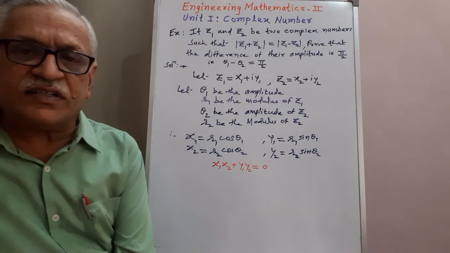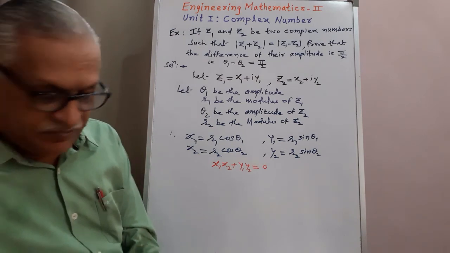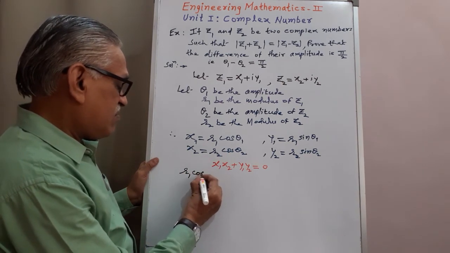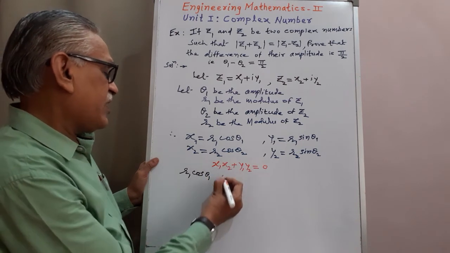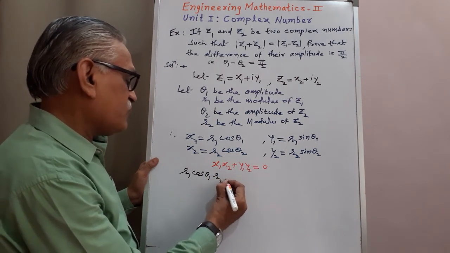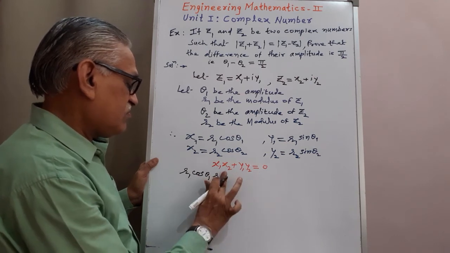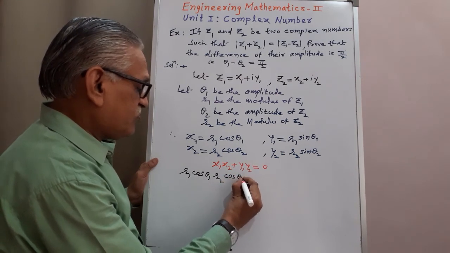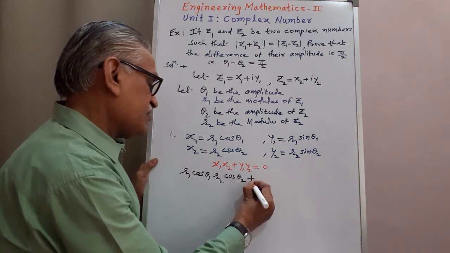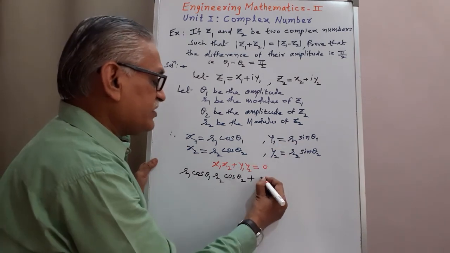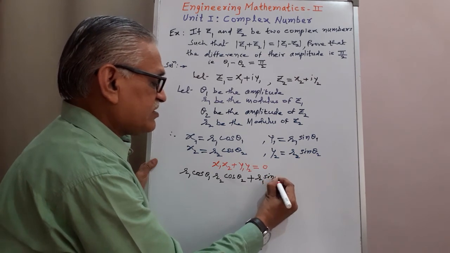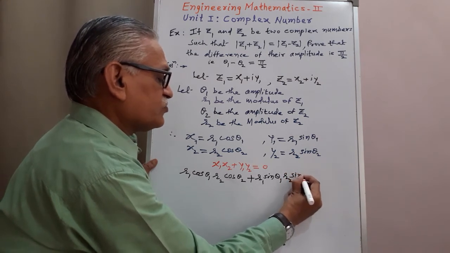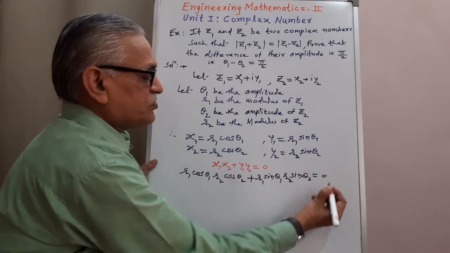Substituting, we get the value of x1 is r1 cos theta 1, x2 is r2 cos theta 2 plus y1, the value of y1 is r1 sin theta 1 and y2 is r2 sin theta 2, and that is equal to 0.